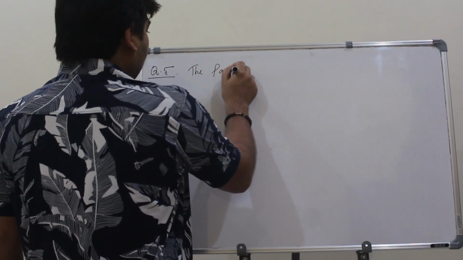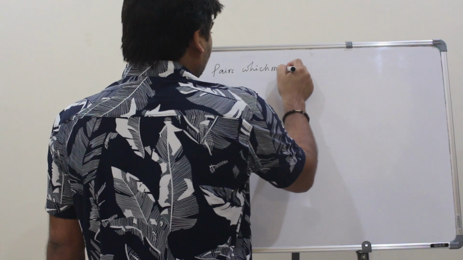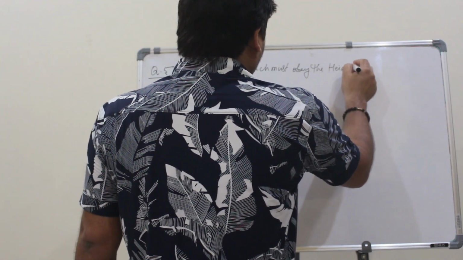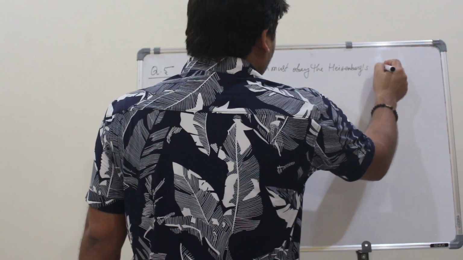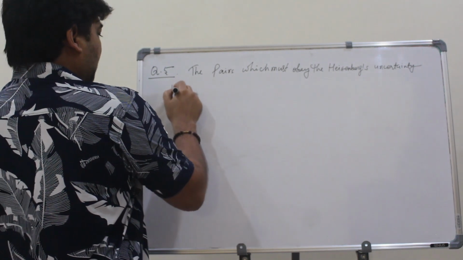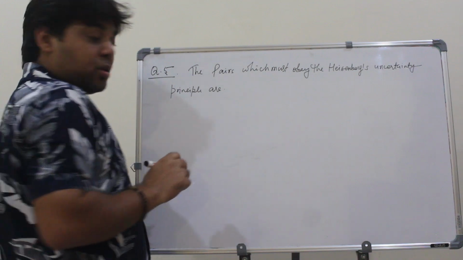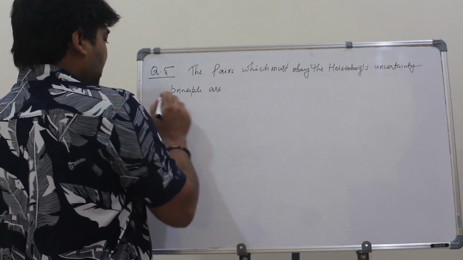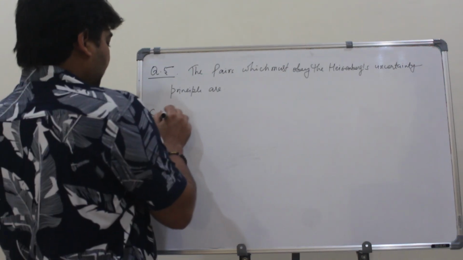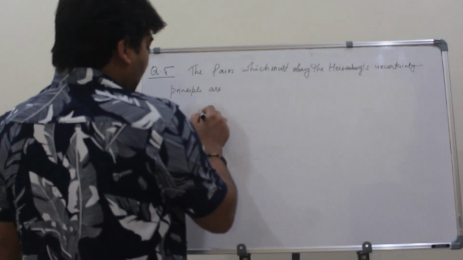There are some pairs given. Let me write the solution here. What are the pairs we have?